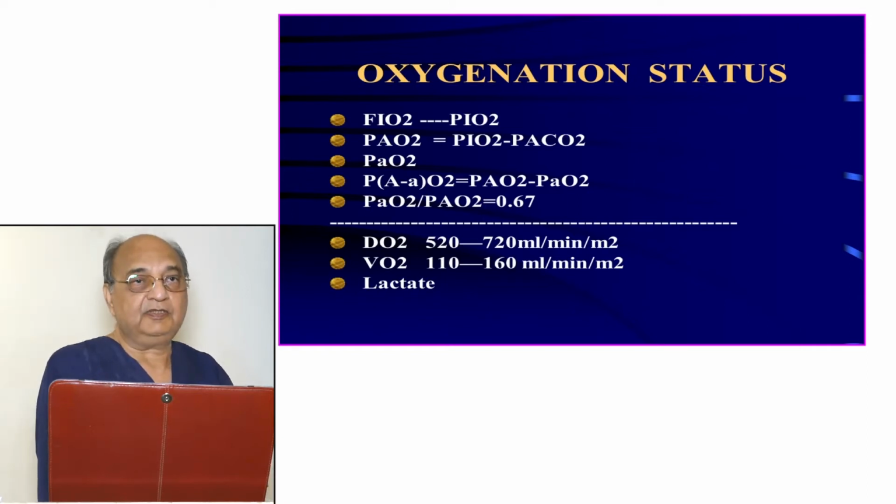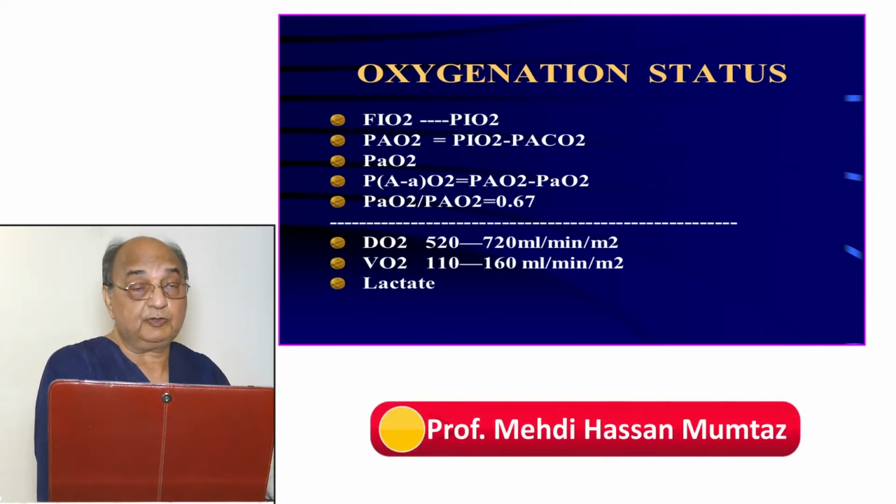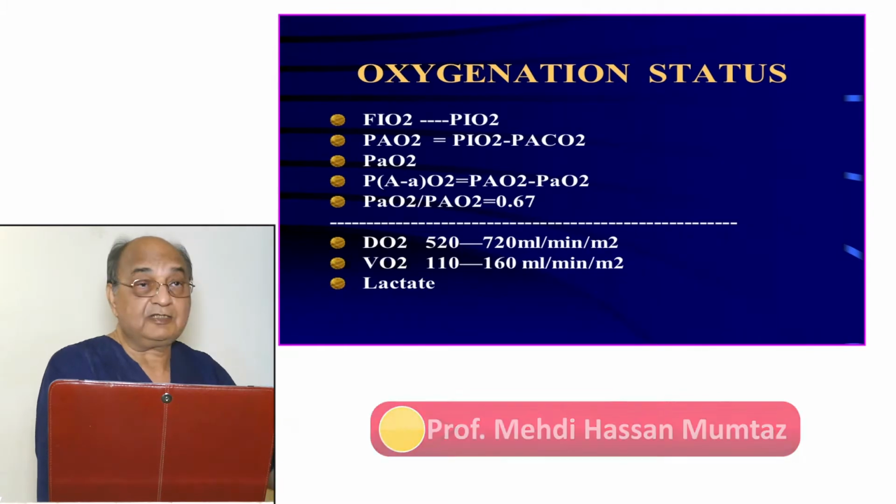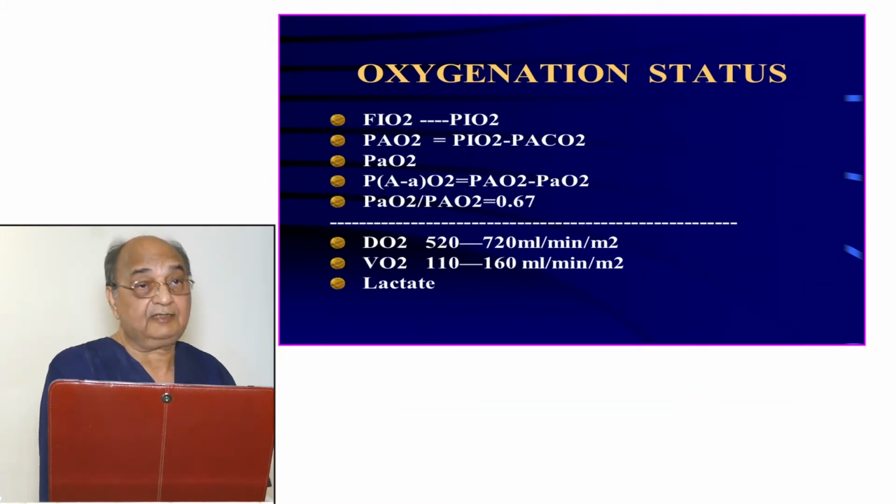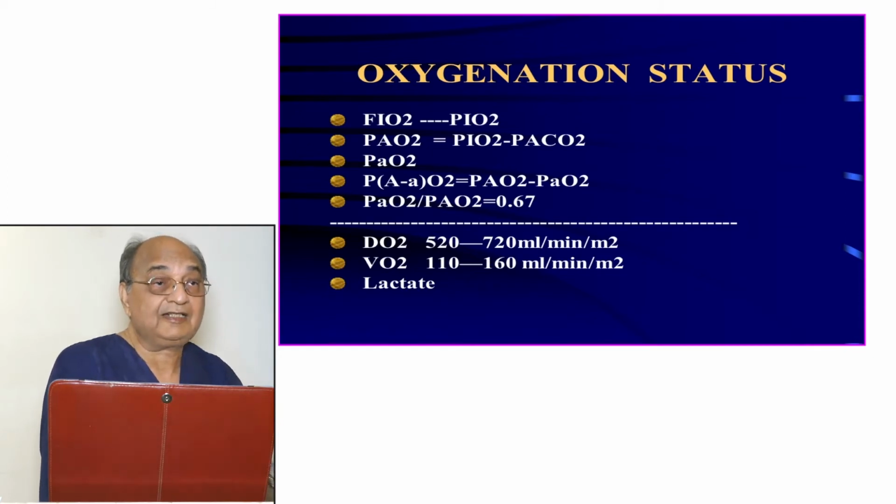Now the next step: oxygen has been taken by the tissues, but whether the tissues are using it or not, we have to see whether anaerobic or aerobic metabolism is going on, even if the oxygen is extracted. If anaerobic metabolism is going on, then we look at the lactate.